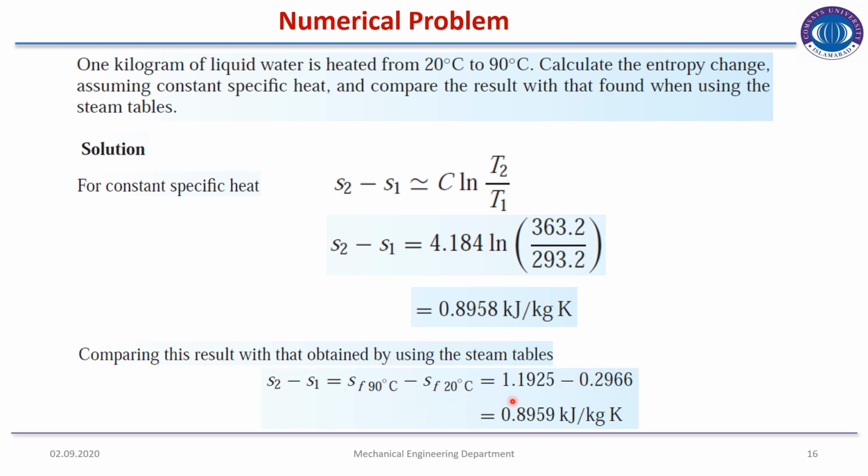When we find their difference, it comes out to be 0.8959 kilojoule per kg per Kelvin, and both of the results are very similar up to the fourth decimal.